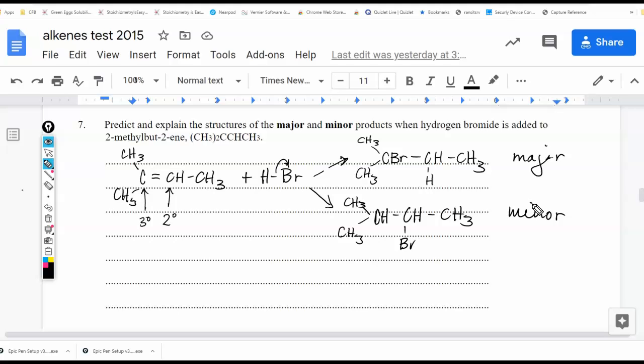So we've predicted the structures of the major and minor products. Now we have to explain.